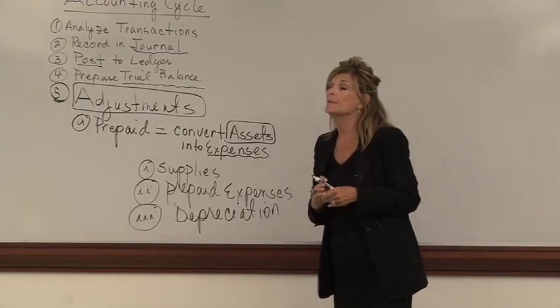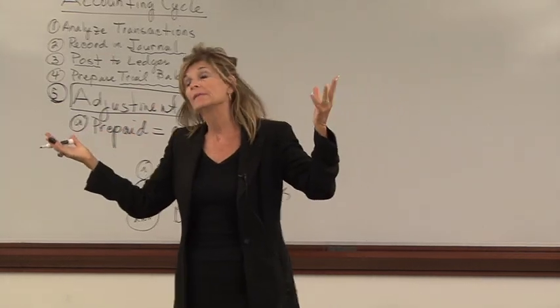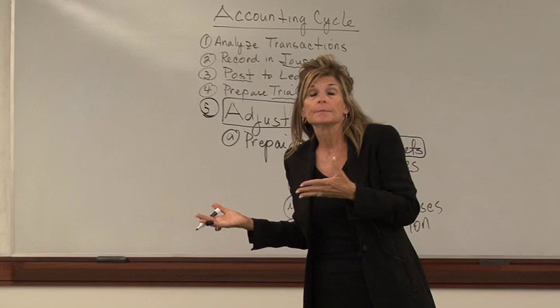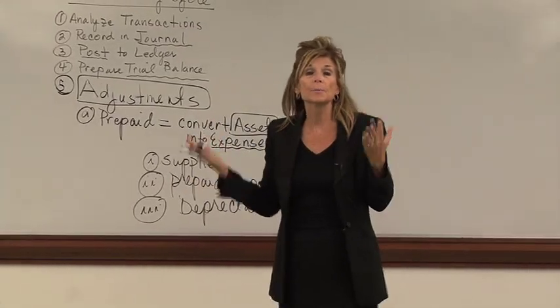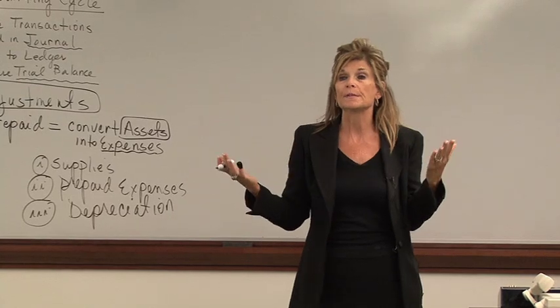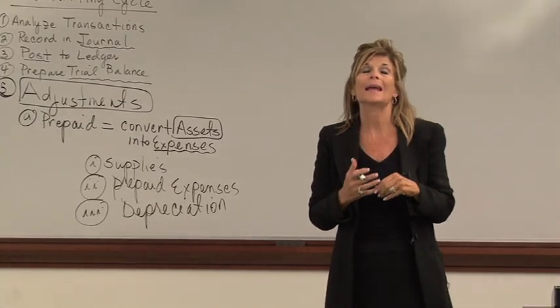What happens in a company is they call up, and today everyone orders online, and they order supplies. And the purpose of the supplies is to use them in the operation of your business. And so that's what makes them initially what we would define as an asset.